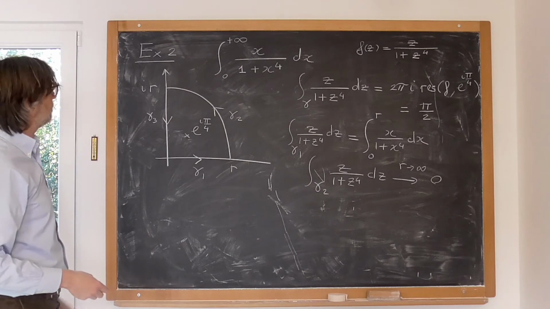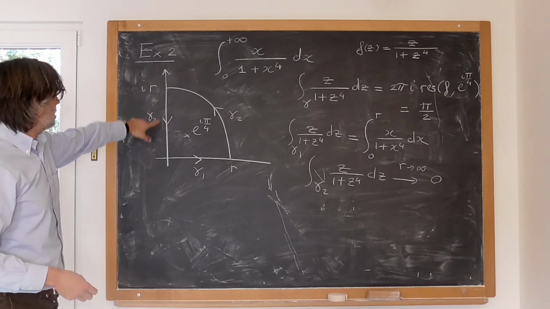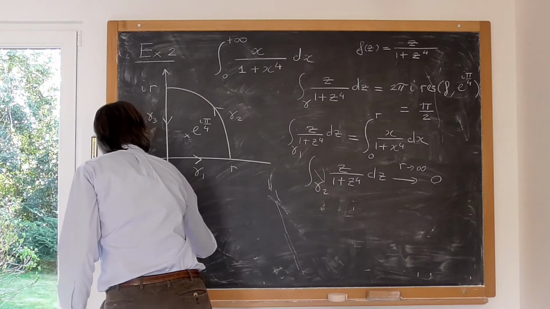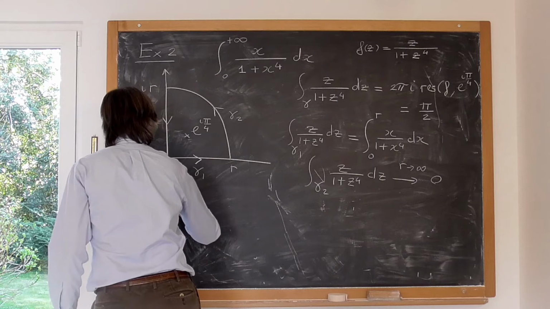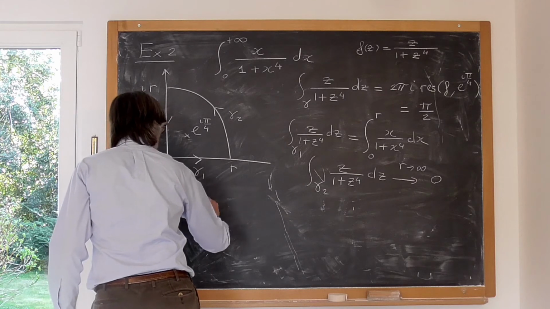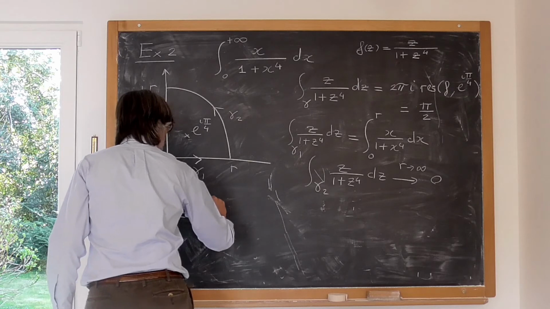exactly as we saw for type 2 integrals. There remains to look at this integral over gamma 3, the integral over gamma 3 of z over 1 plus z to the 4th dz.